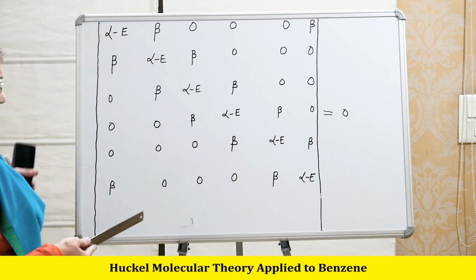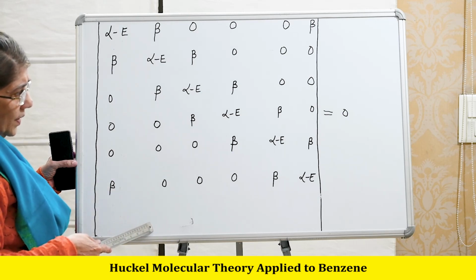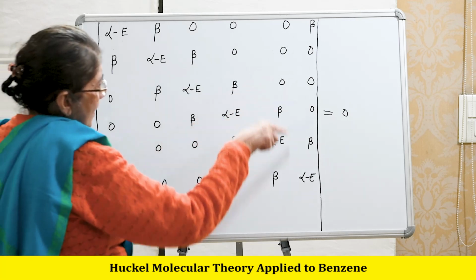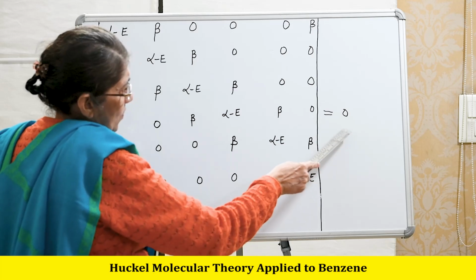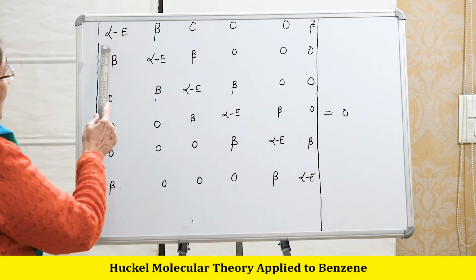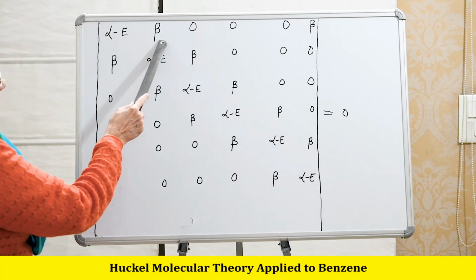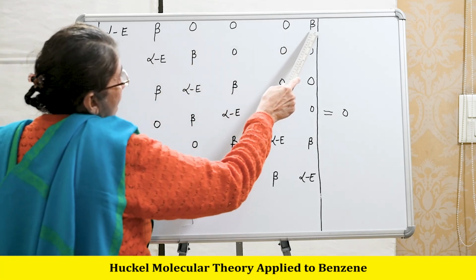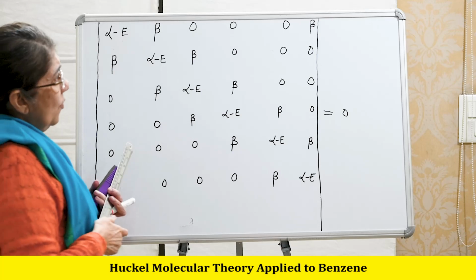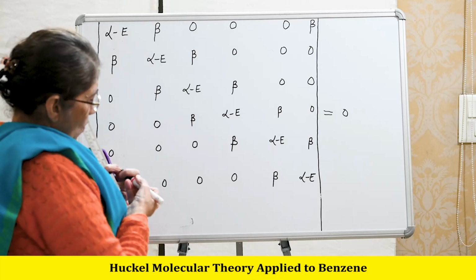So definitely the 6 by 6 order matrix will be 0. So we can write it in the form of a determinant, and this is equal to 0. So we have alpha minus E, and when H12 is bonded, then beta, and so on. And for benzene, the 1 and 6 carbon atoms are bonded.